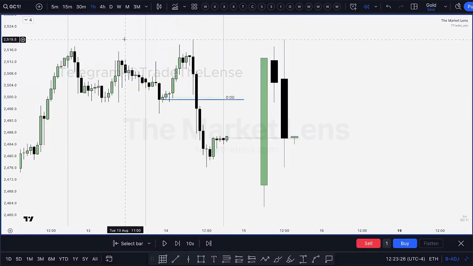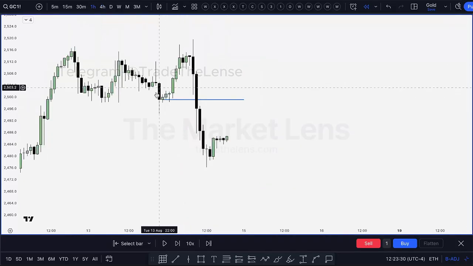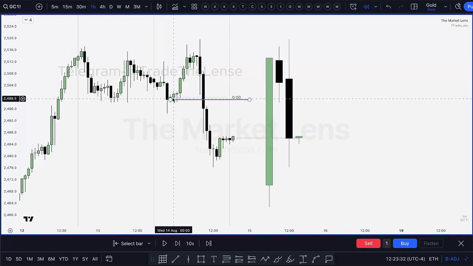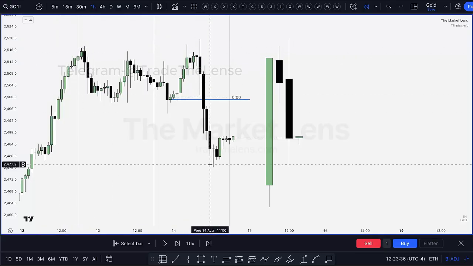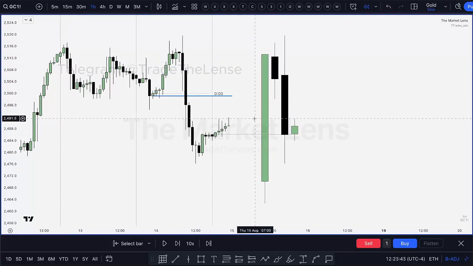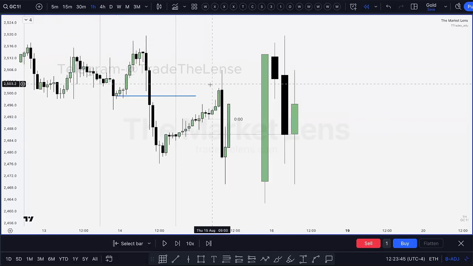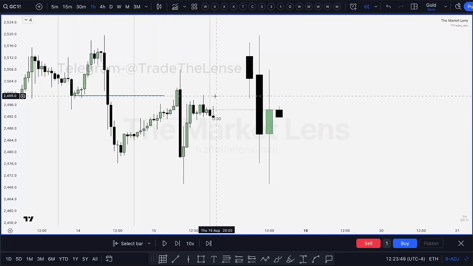We'll mark out this one, or we can use the 4 hour. That'll clean it up a little. But you see how this structure is a lot cleaner, right? Aggressive out, takes highs, aggressive down. Right, and that sets up the ability to have a retracement back into the range, and then get on side with a short setup, right? Or we take a look at this reversal structure the other way, right?